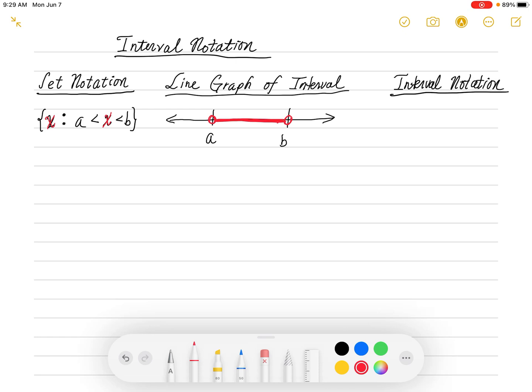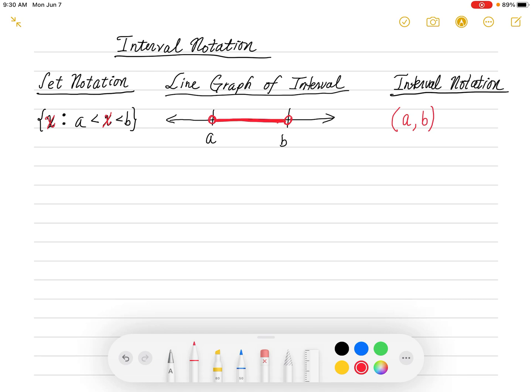Now, if you wanted to write this in what's called interval notation, that's what we're going to write today. The way you would write that, you would write a parenthesis, and then an a, and then a comma, and then a b, and then a parenthesis. These parentheses essentially correspond to those open circles.